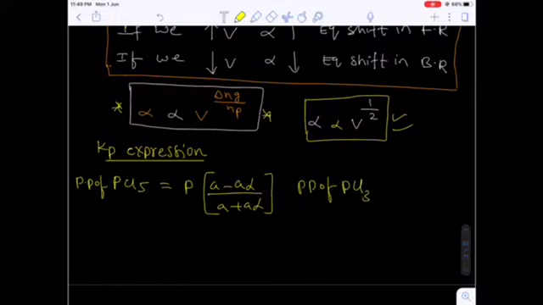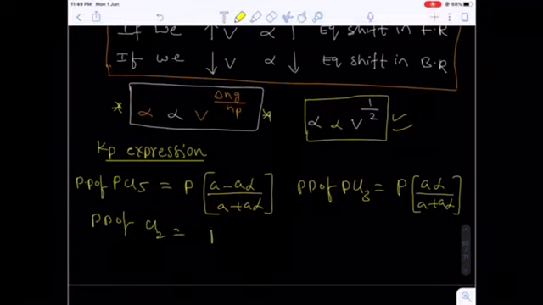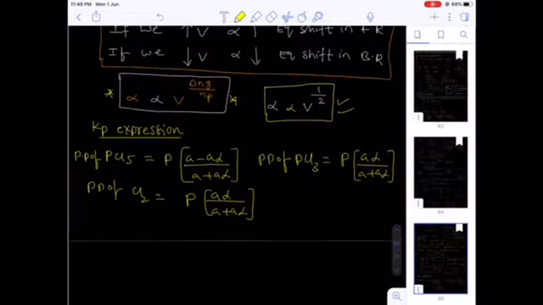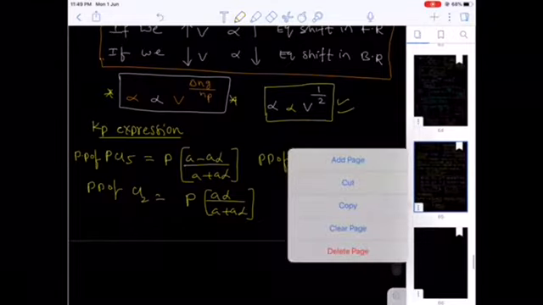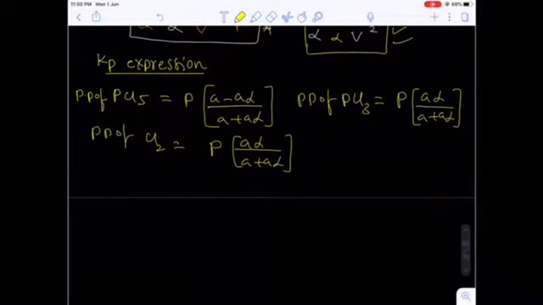Similarly, the partial pressure of PCl3: number of moles will be A alpha, total moles A plus A alpha, into total pressure at equilibrium P. Similarly, the partial pressure of chlorine: P into A alpha, the number of moles of Cl2, divided by total moles A plus A alpha. Okay, this is the expression for the partial pressure of chlorine.